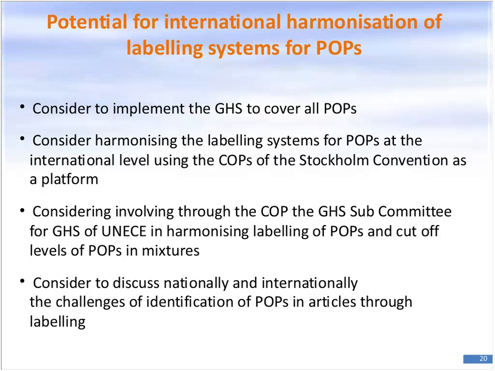When there is a labeling system, one should harmonize this at the international level using, for example, the COP of the Stockholm Convention. One could consider through the COP the subcommittee for the Globally Harmonized System for classification and labeling, which could look at whether they identify internationally agreed labels for POPs and also cut-off levels in mixtures.